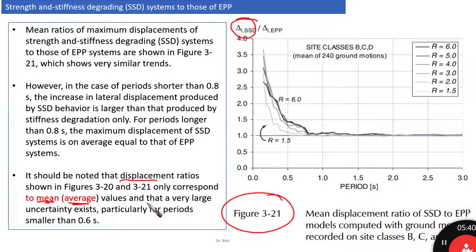Average values means that there is a scatter around the mean, so maybe you are going to find some points higher here or there. So we are talking about mean values, and a very large uncertainty exists, particularly for periods smaller than 0.6, and this is very right. In the short period, whether less than 0.6 or less than 0.8, you are going to find a great deal of uncertainty. Okay, so this is the end of this series.